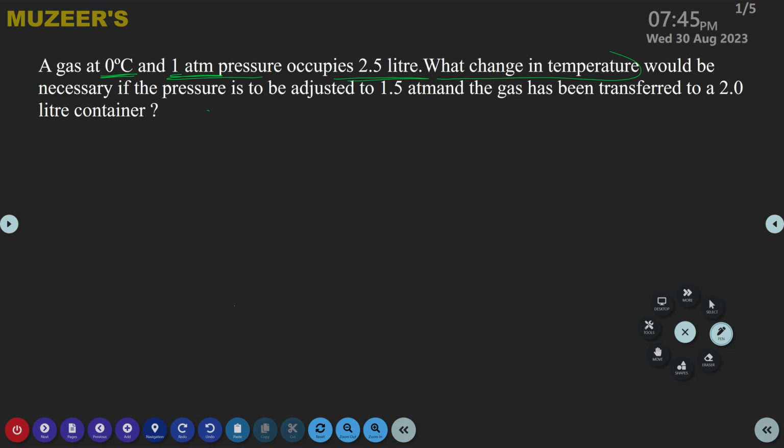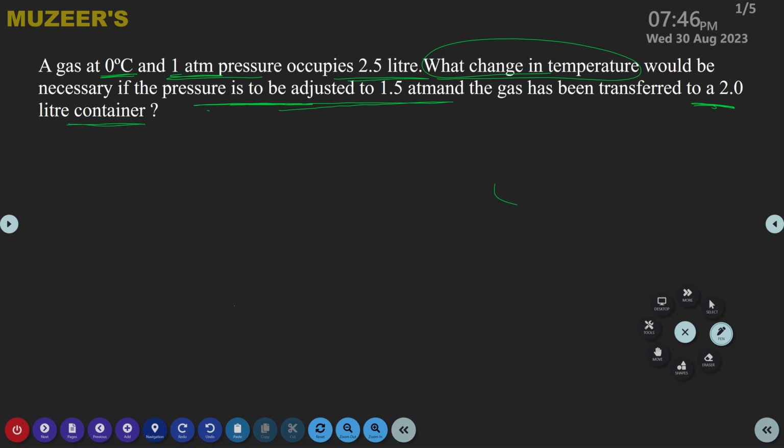We have to find the temperature. What change in temperature would be necessary if the pressure is to be adjusted to 1.5 atmospheres? And gas has been transferred to 2 liters container.